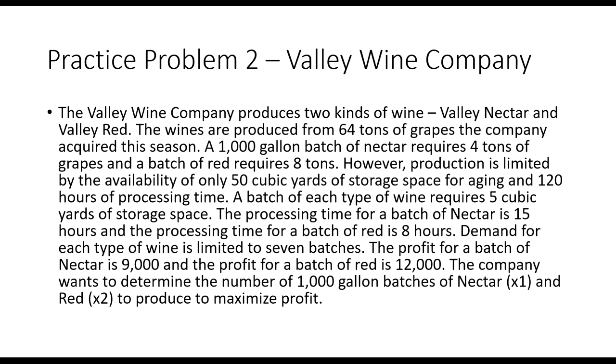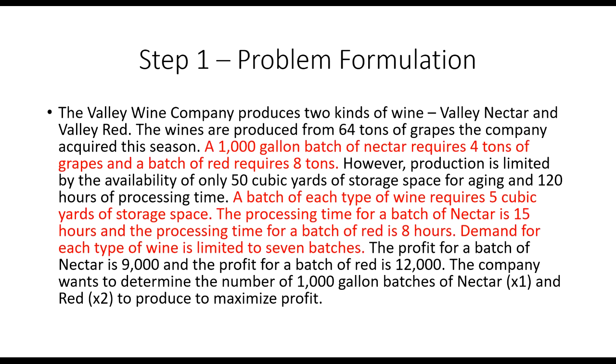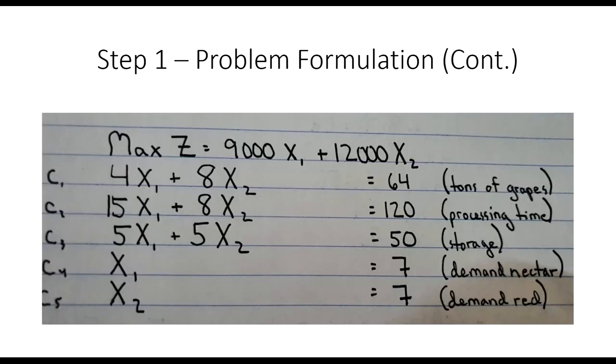to maximize profit. So our first step is highlighting the key information like we've done here to problem formulate. And I've skipped all of the normal things that we go through. Instead, what I've done here is I've come in and I've highlighted right here all of the problem formulation.